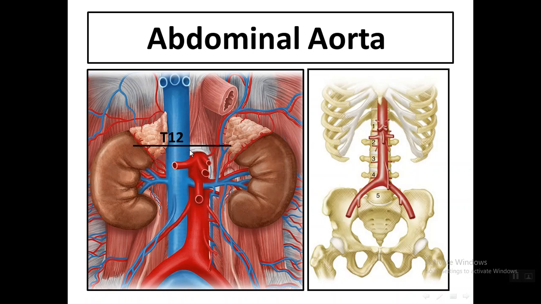This is the opening in the diaphragm at the level of the 12th thoracic vertebra. Then it descends in front of the lumbar vertebrae until it divides at the level of L4, that is the bifurcation of the aorta at the level of the fourth lumbar vertebra, into two main divisions.